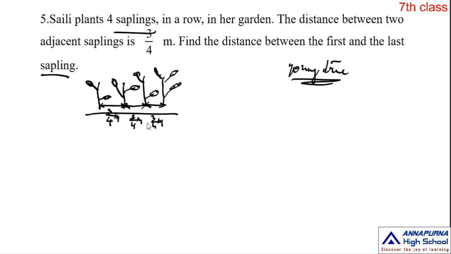Distance between 2 saplings is 3 by 4. So how many 3 by 4s are there? 1, 2, 3. 3 into 3 by 4 meters. So which is equal to how much? 3 3s are 9 by 4 meters.